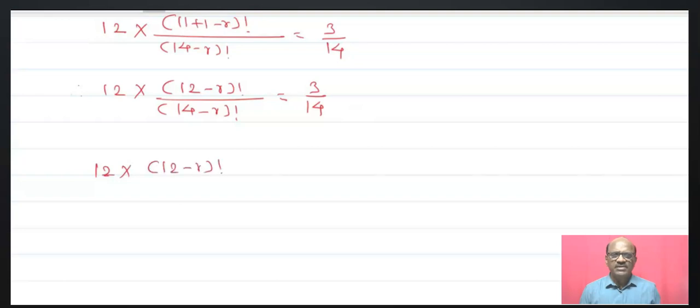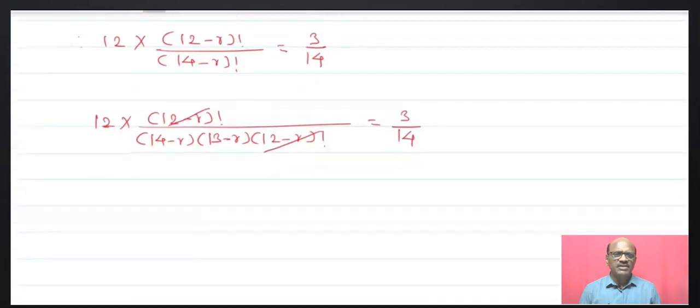Now we'll simplify here. 12 into (12 minus r) factorial upon (14 minus r)(13 minus r)(12 minus r) factorial, and in this case 3 upon 14. Now 12 minus r factorial gets cancelled.